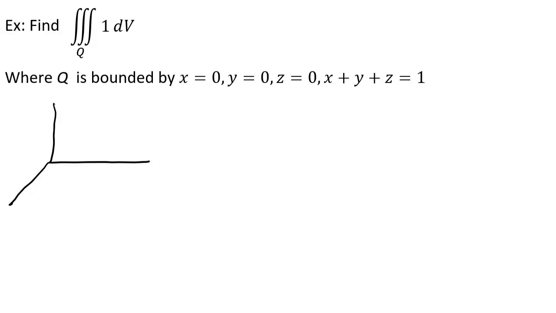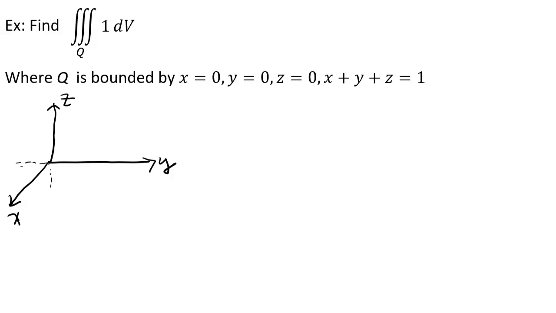So x equals 0 is all the points where x is 0, so that would be the entire yz plane. So we've got x, y, and z.